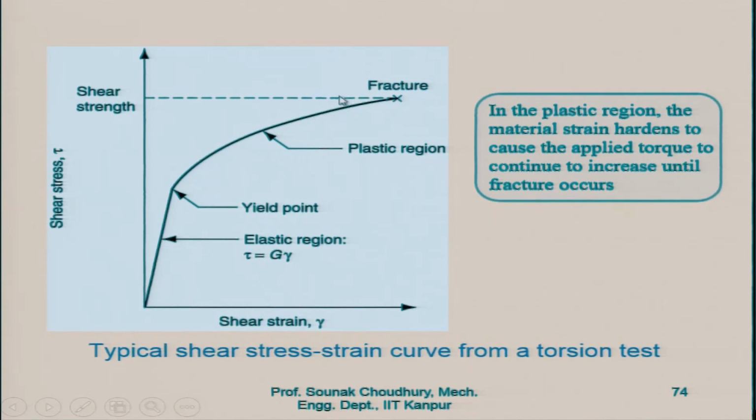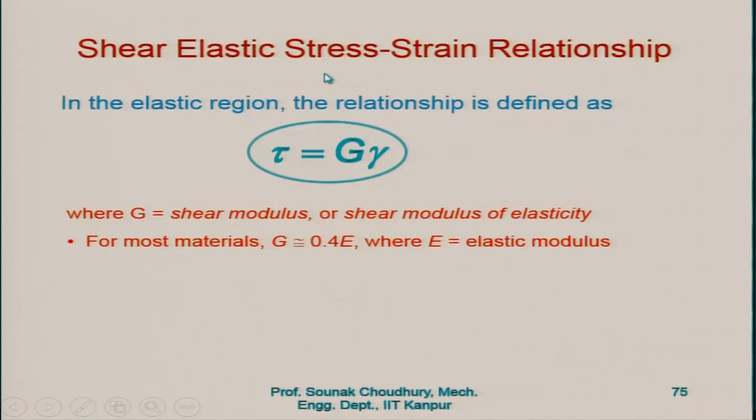This point is defined as the shear strength, and along this axis it is the shear stress, along this axis is the shear strain. The shear elastic stress strain relationship in the elastic region is defined as shear stress equal to G into the strain.